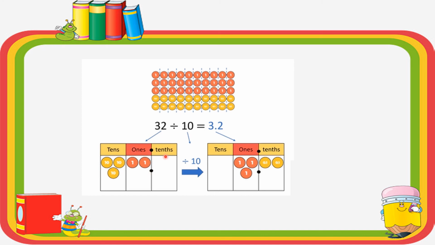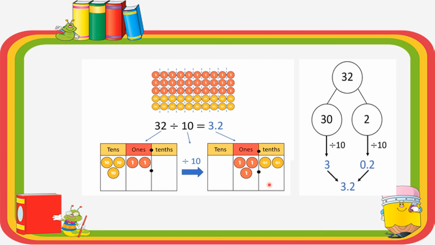The ones move to the tenths, that is 0.2, and the tens move to the ones. You move one column to the right. Ones move to tenths, tens move to ones. So we have 3.2. So 32 divided by 10 is 3.2.